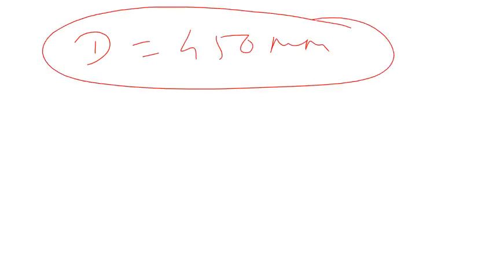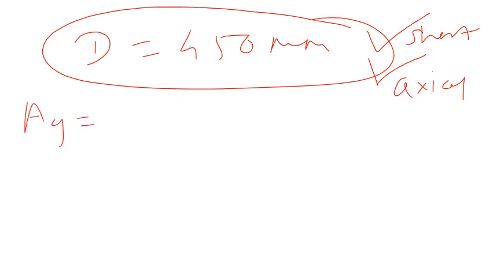So the diameter of the circular column will be equal to 450 mm, provided this is to be designed as a short column and as an axially loaded column. Then find out the other requirements so that we can proceed with the design. So Ag, find out the gross area. We know that pi by 4 into 450 squared.